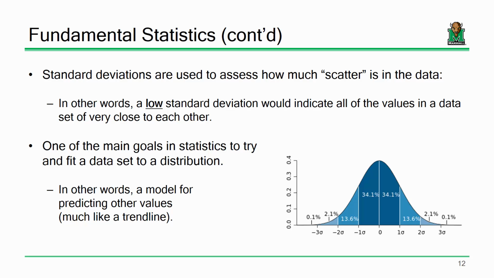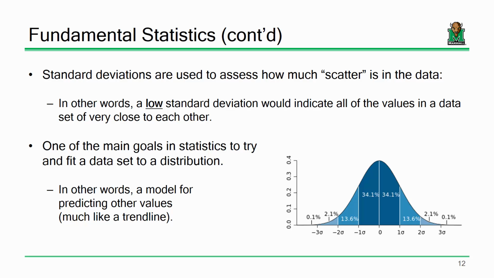One of the most fundamental distributions in statistics is the normal distribution. How many of you have heard of the bell curve? That's essentially what a bell curve is. The normal distribution is very commonly used because a lot of real-world phenomena tend to naturally gravitate towards it.